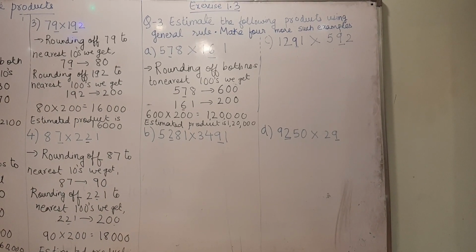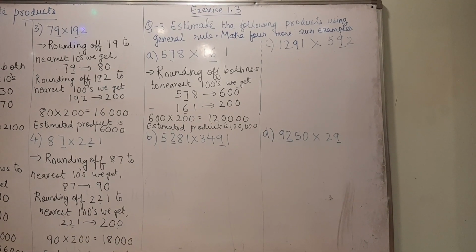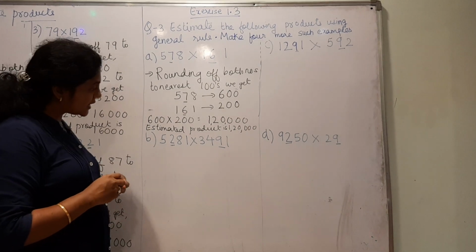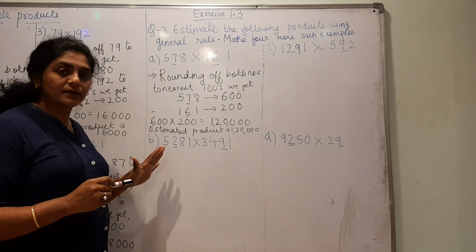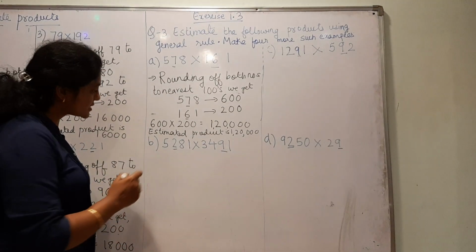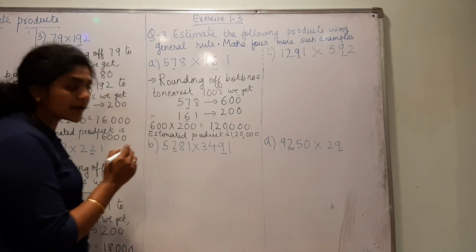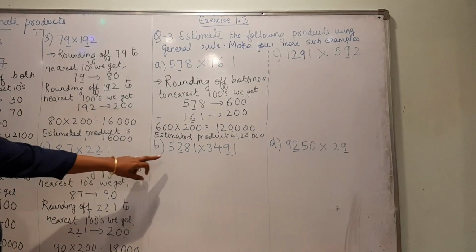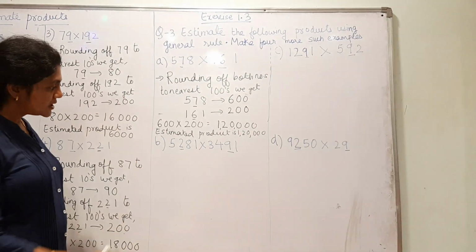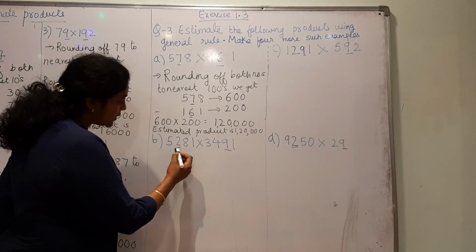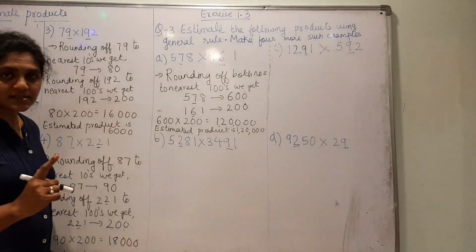Yes. Now B, 5281 into 3491. Both are 4-digit numbers. Now if I round off 5281 to the nearest thousands, looking at the hundreds place, it will be 5000.